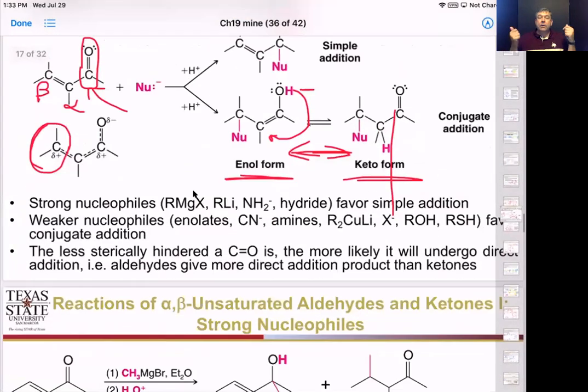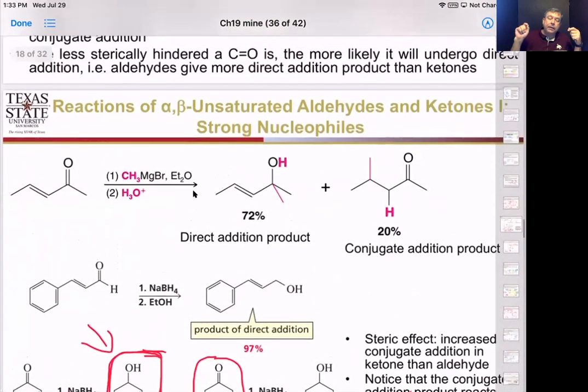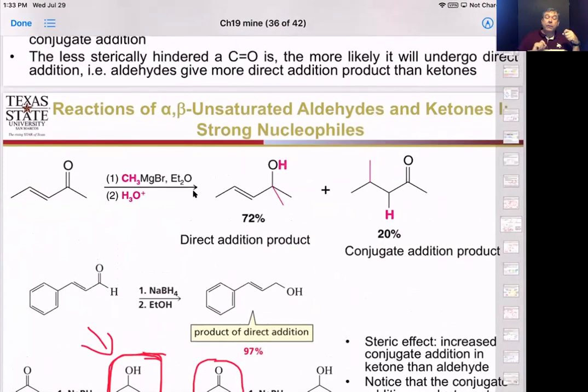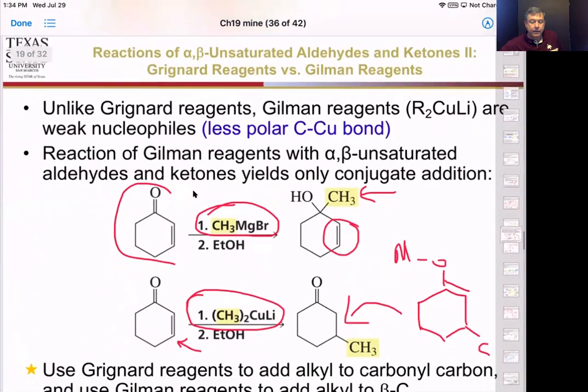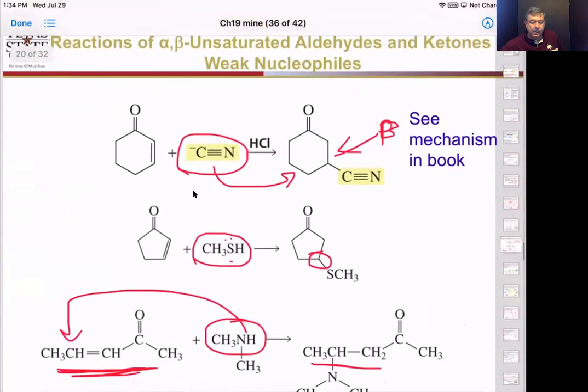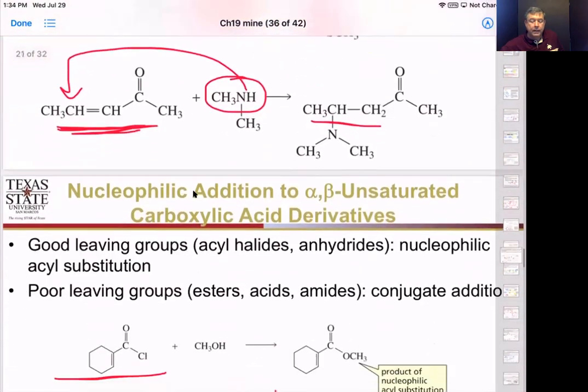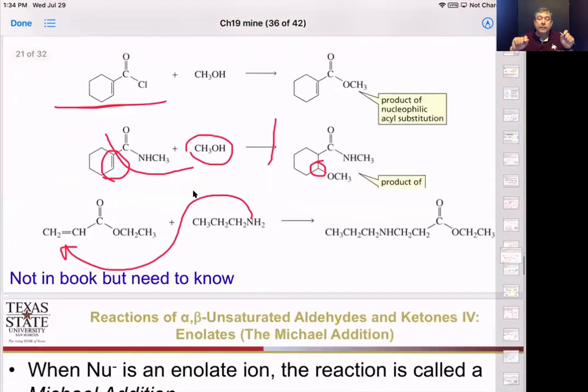Again, very strong nucleophile, you'll get attack at the carbonyl. Weak nucleophile, including enolates, you get attack at that beta carbon. And if you're attacking that beta carbon with an enolate, that has a name. It's called the Michael addition.